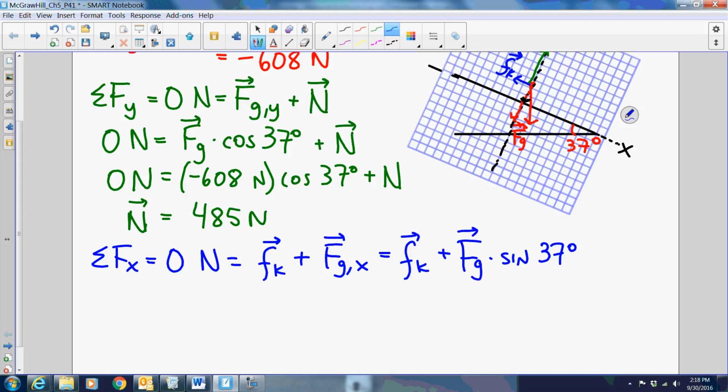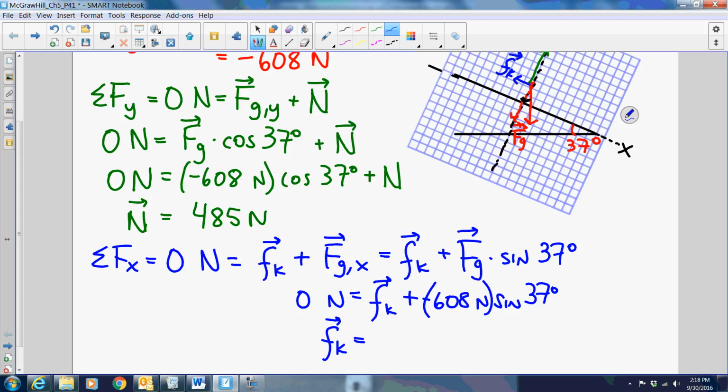Okay, so when I set that up, and I've got a plug and chug here. And I get a frictional force of 366, looks like, newtons.